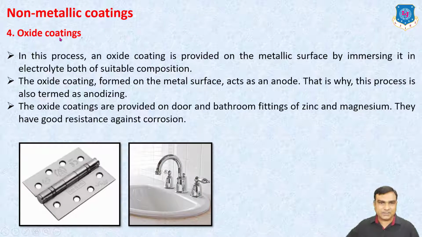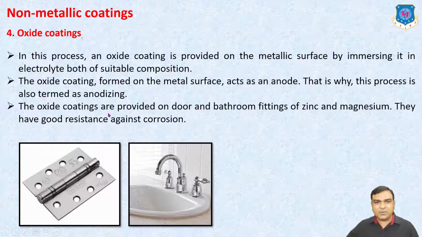Oxide coatings. In this process, an oxide coating is provided on the metallic surface by immersing it in an electrolyte bath of suitable composition. The oxide coating formed on the metal surface acts as an anode. That's why this process is also termed as anodizing.